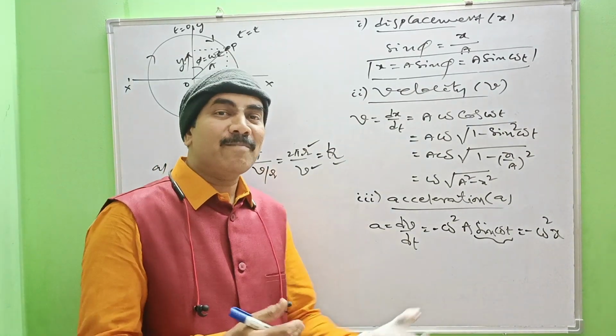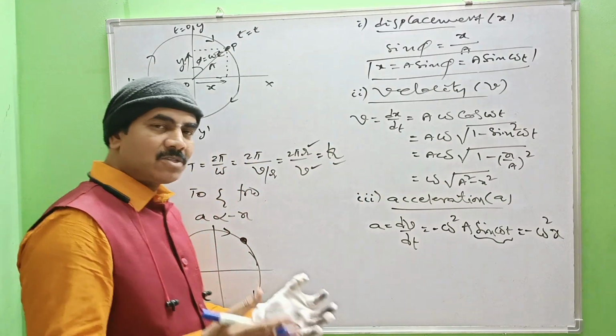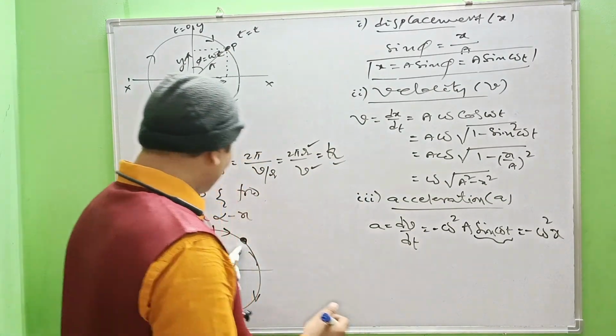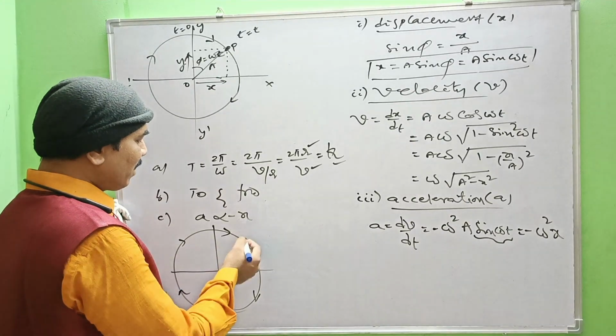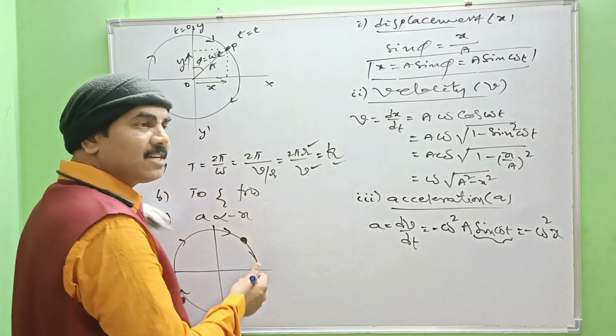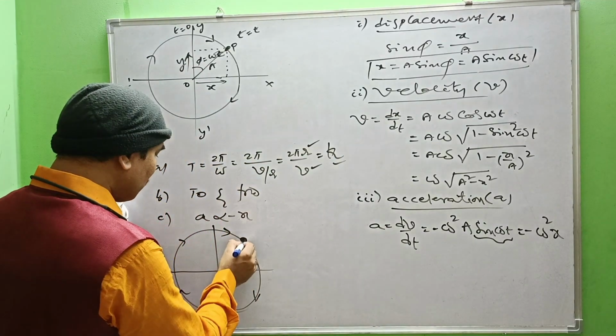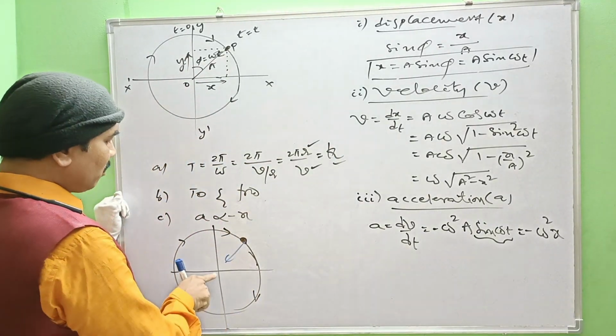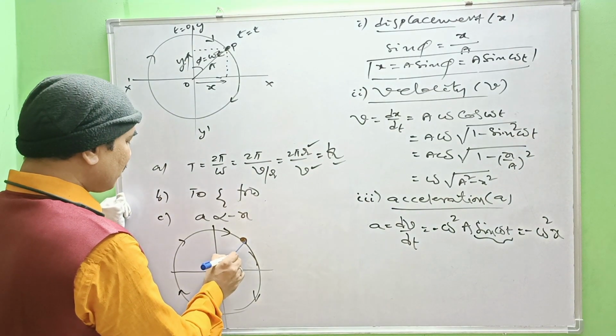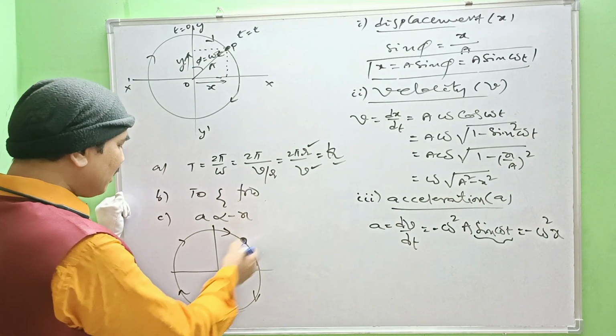That is the centripetal force, which is always directed towards the center of the circle. So the relevant acceleration, the centripetal acceleration, is also directed towards the mean position, towards the center. This is a_c, acting towards the center.